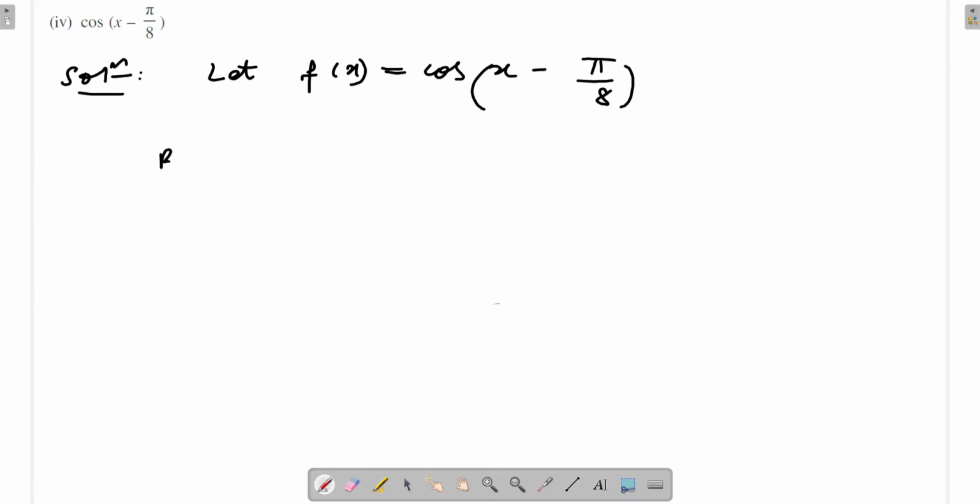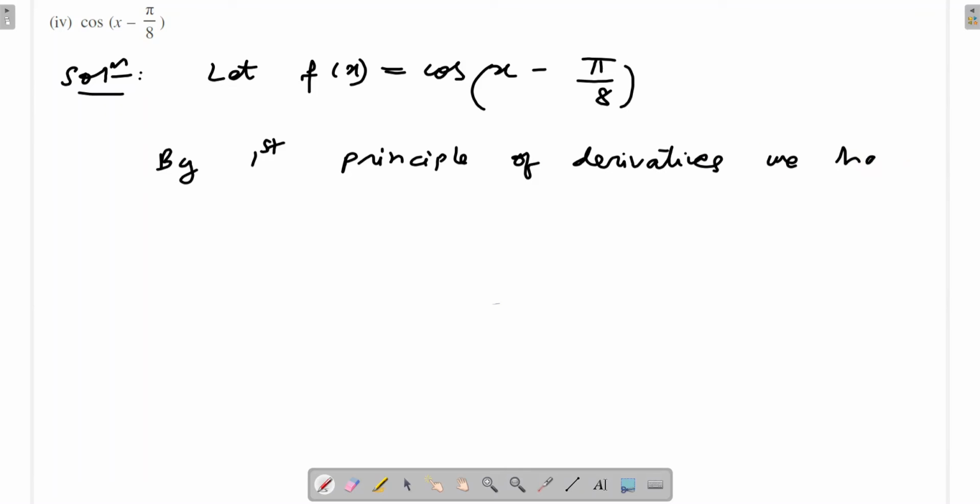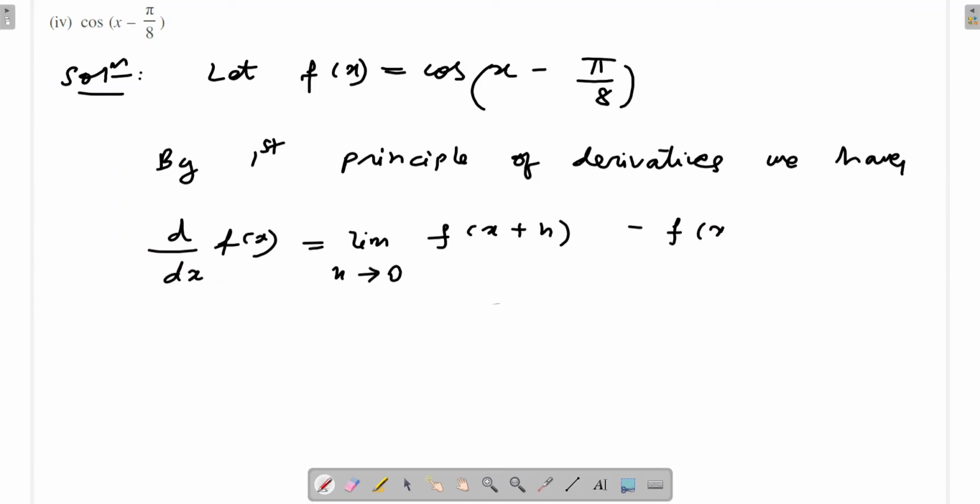So by first principle of derivatives, we have d by dx of f(x) equal to limit h tends to 0 of f(x plus h) minus f(x) divided by h.